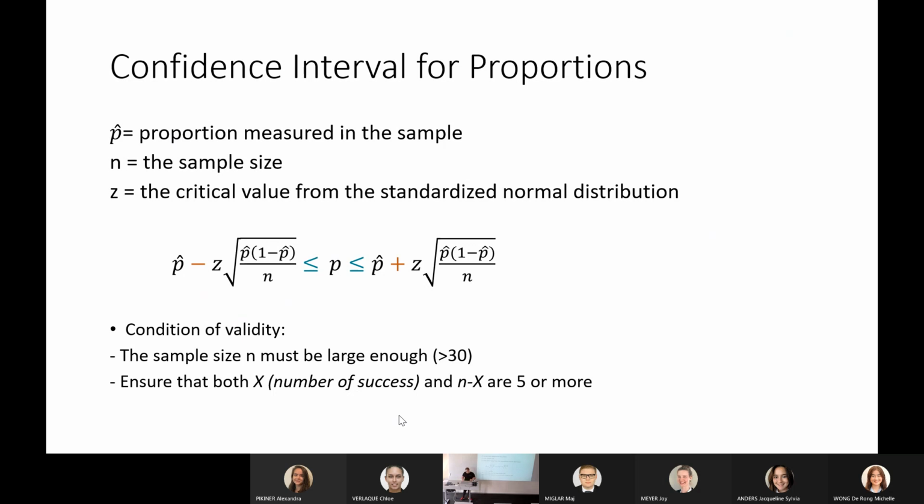So for instance, if you have a sample of EHL students liking the new pizza that they serve in Grab and Finger Food, and the sample size was 100, and out of 100 students, 90 of them like the pizza, then p hat will be 90%, right? It's the positive divided by the sample size, n. And then we have 1 minus p hat. I hope it's clear. 1 minus p hat plus p hat always must be equal to 1 or 100%.